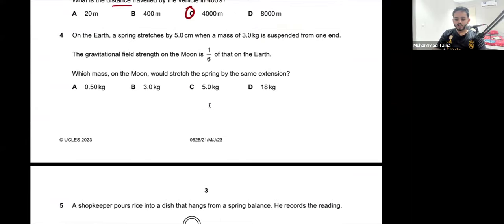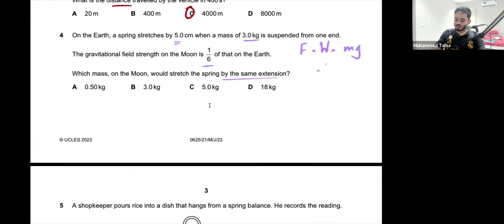For example, a question like this. On Earth, a spring stretches by 5 cm when a mass of 3 kg is suspended. Small g on the moon is 1/6 of that on Earth. Which mass on the moon would stretch the spring by the same extension? You know that extension is produced by force, not by mass. So if I find the force, basically the weight because of this 3 kg object, that's just mg.